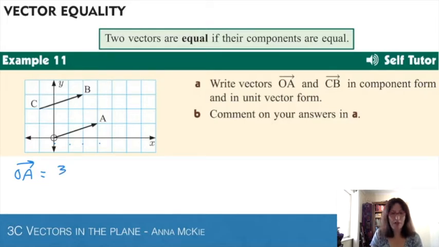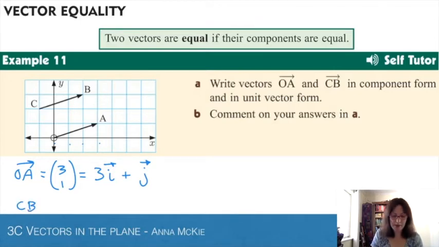So we would write that 3 there and 1 up. I'll do it with the curved brackets there. And so that's component form. So unit vector form is you take that 3 and you write an i next to it, the vector of i with the arrow, and add on 1 lot of the unit vector j. We don't have to write that coefficient of 1 out the front, as we know. And there we have the vector OA.